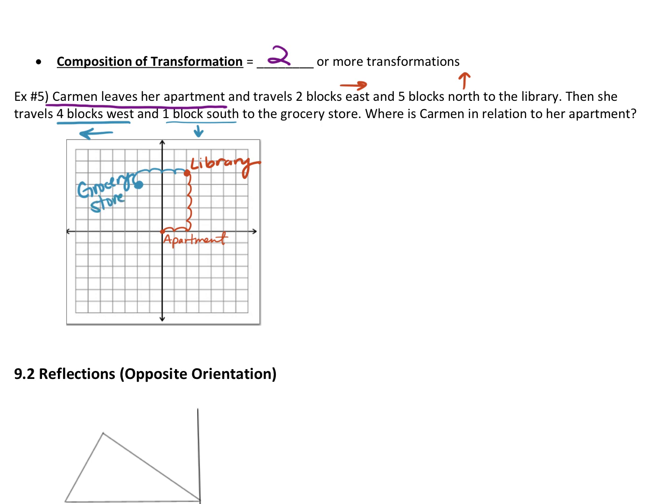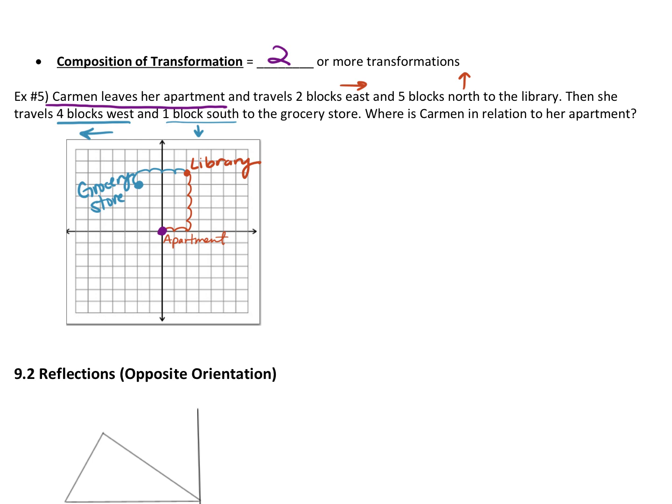So we're at the blue point right now. We started at the purple point. That's a composition of translations, of slides. She slid to the library, she slid to the grocery store. So 2 slides to get us to the grocery store.